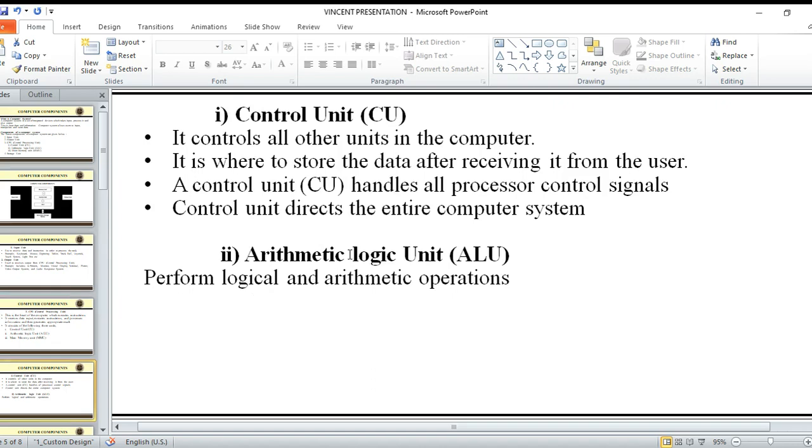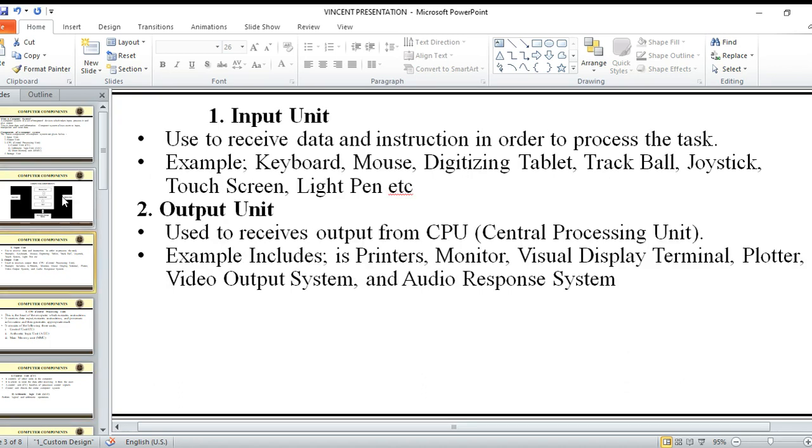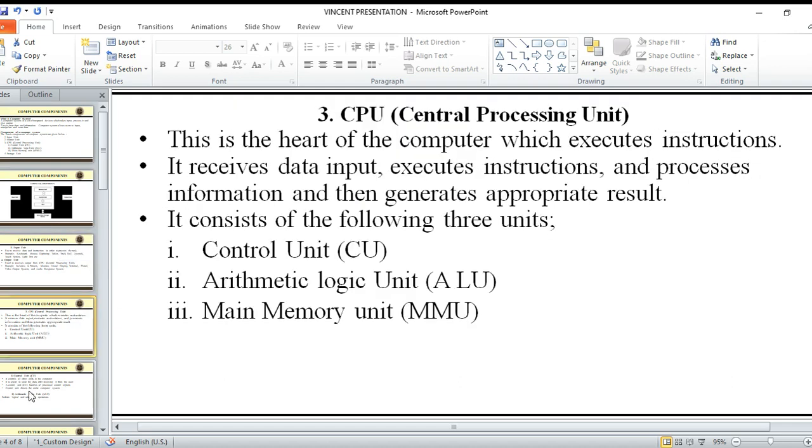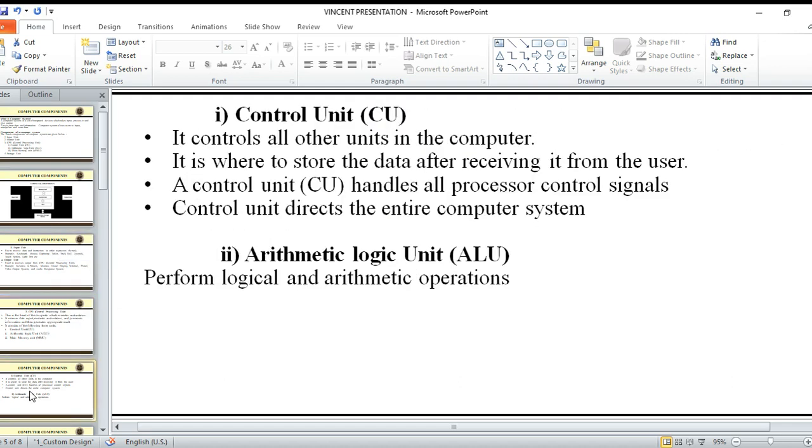Then functions of control unit. Roslyn, can you read us that? Functions of control unit. Roslyn, are you with us? Are you able to see the functions of control unit?